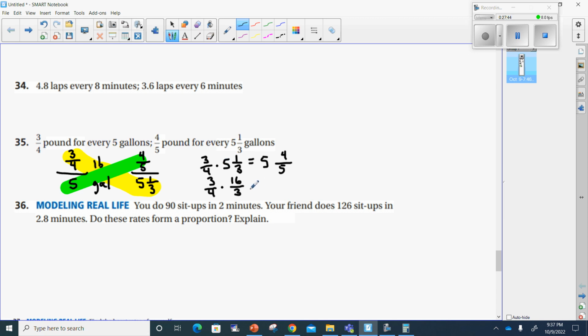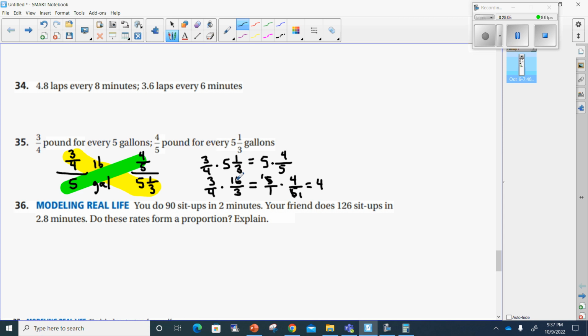Okay? And then over here, we're going to have 5/1, and we're multiplying that to 4/5. Now I can cross these 5s out, and that gives me 1 and 1, which means this side is going to equal 4.